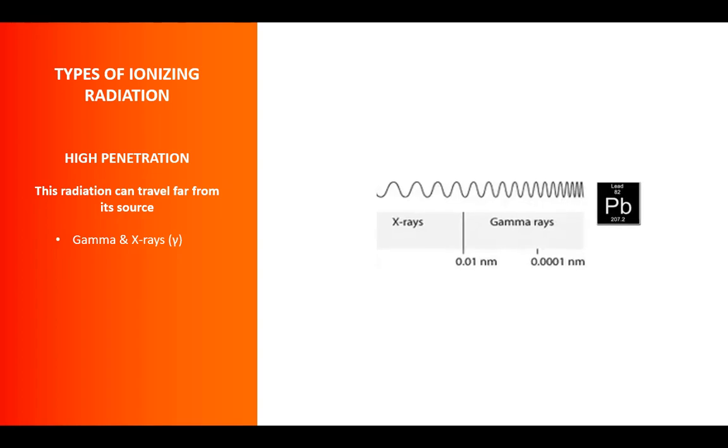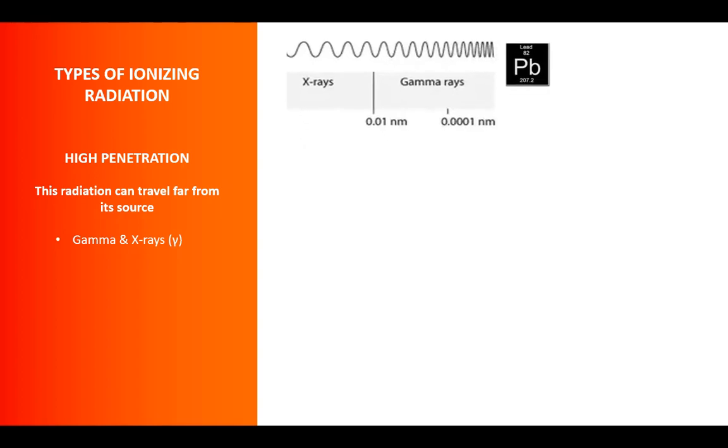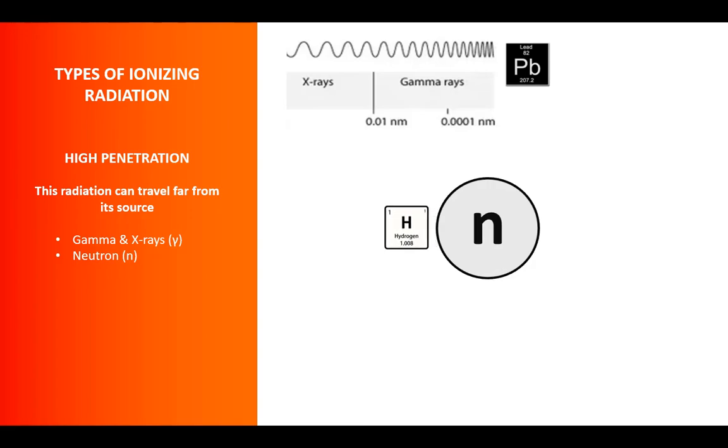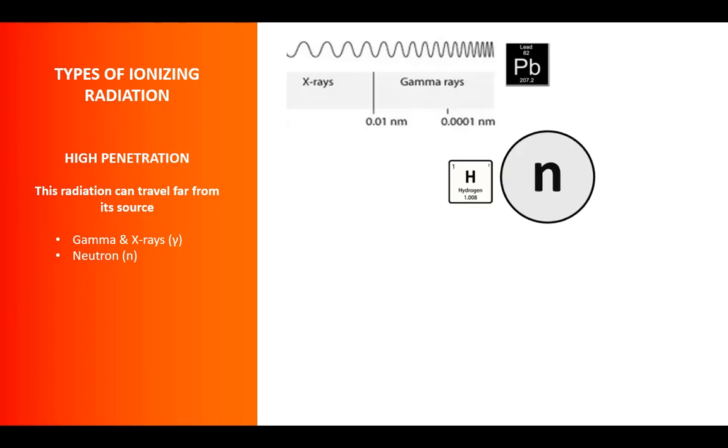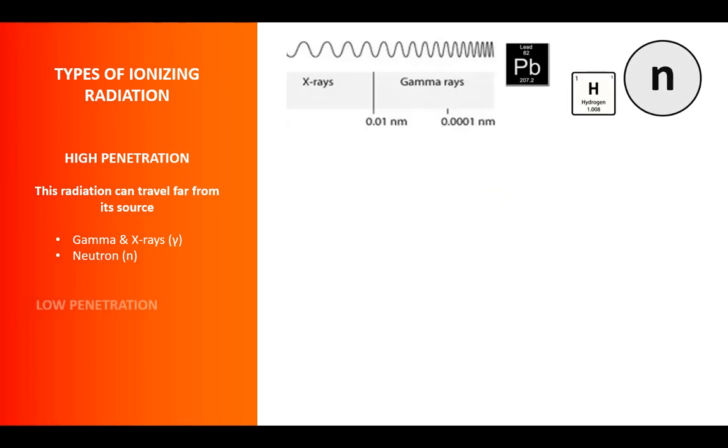The other kind of high penetration radiation is neutron radiation. This is just a single neutron, a subatomic particle with no electric charge. It can be stopped by materials with a low atomic number, so shielding for neutron radiation is usually hydrogen-based, for example, water.